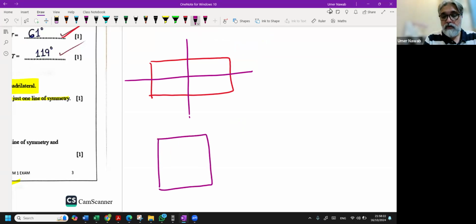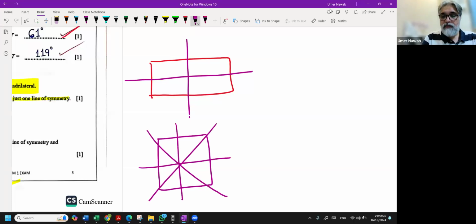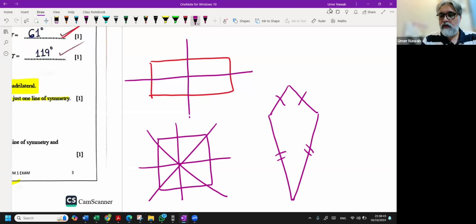Square, it is a quadrilateral. It has 4 lines of symmetry and order of rotation 4. Any regular polygon has the same number of sides, same number of lines of symmetry, and same order of rotation. Kite, guys, is a special shape in which adjacent sides are always equal.